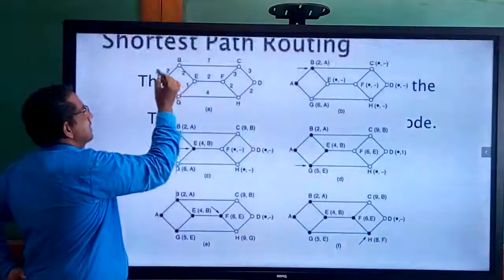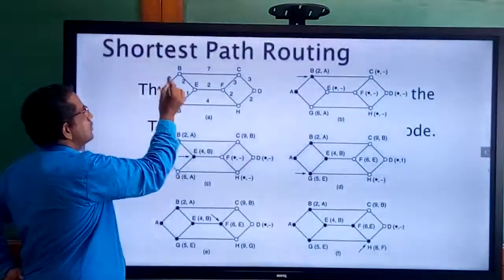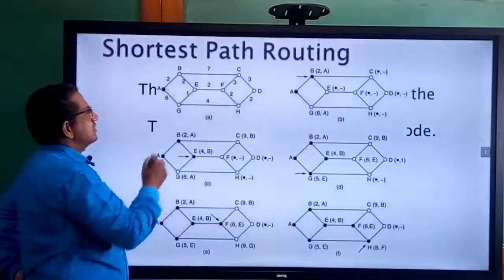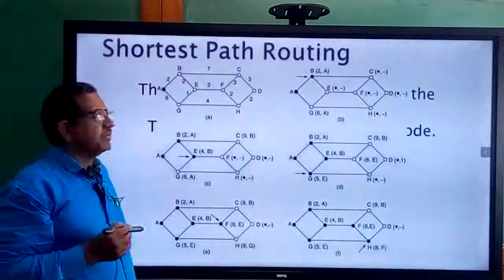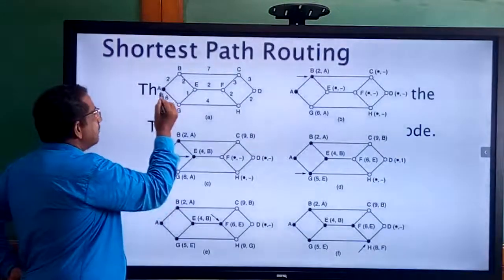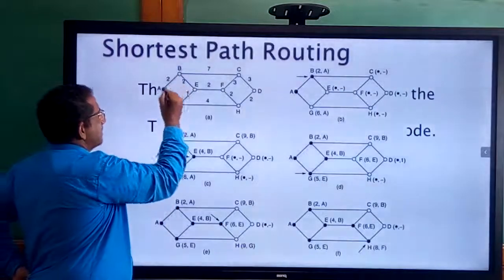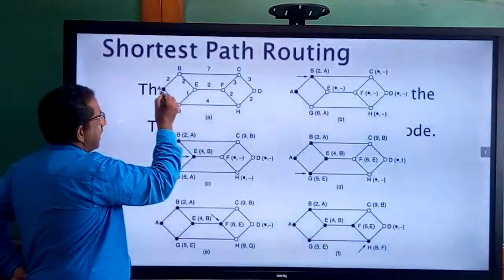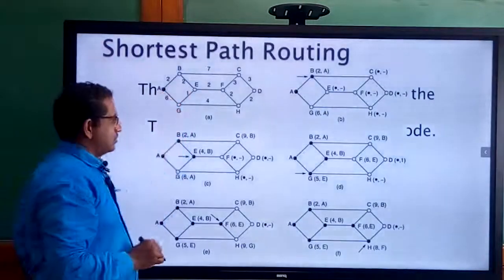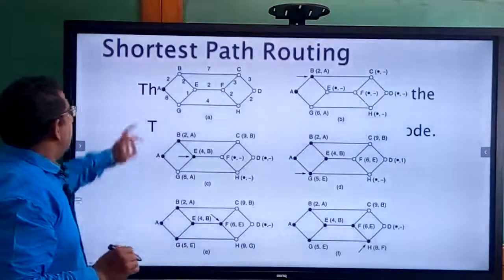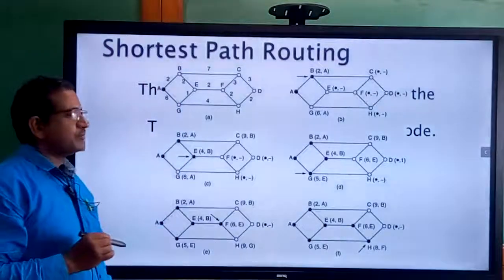Whichever number is lesser, that is nothing but the shortest one. That means 2 is lesser than 6. So this is the shortest path. That means here the packet will travel to node B faster than the packet takes time to travel to node G. So therefore, A to B is the fastest route.